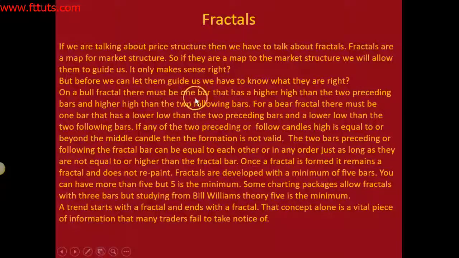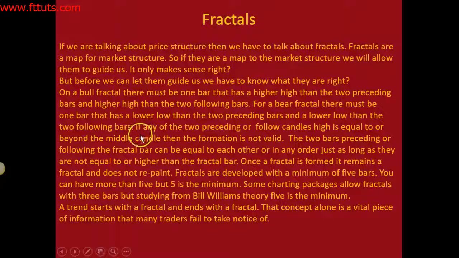Okay, so on a bull fractal, there must be one bar that has a higher high than the two preceding bars, and a higher high than the two following bars. For a bear fractal, there must be one bar that has a lower low than the two preceding bars, and a lower low than the two following bars. I know I'm reading and saying a lot here, but you'll see as we show little examples.